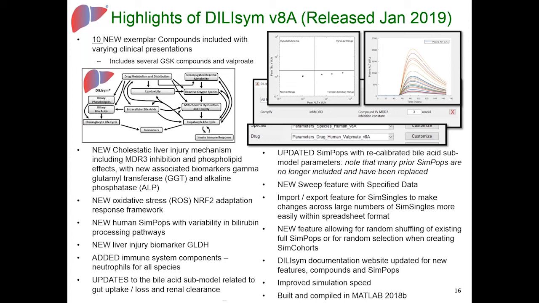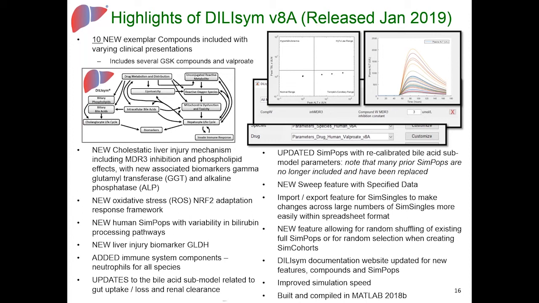I do want to highlight the simpops updates here because they're quite important. As a result of some of these mechanistic updates, we had to do quite an overhaul of our simulated populations in this version 8A. So many of you who've used DILIsym in the past, you'll notice when you open the software that the simpops have changed quite a bit. And many of the older ones have been removed because they weren't compatible with the newer version of the software.